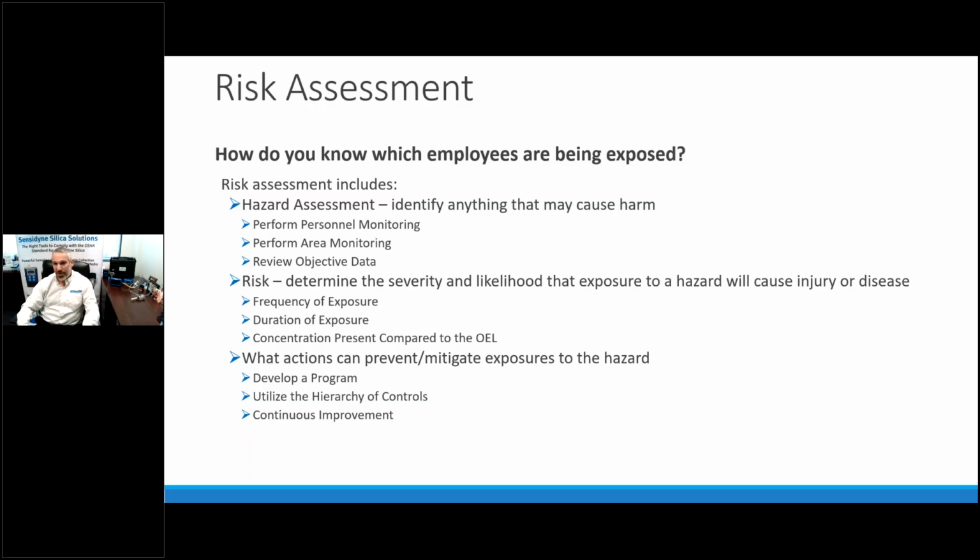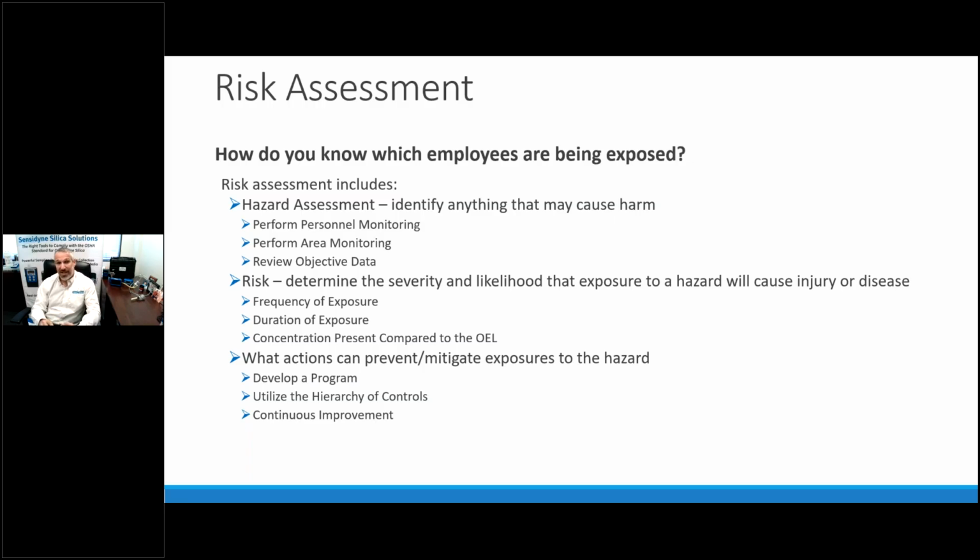So how do you know which employees are being exposed? We're going to switch gears here and move from the hazards of it to the risk assessment. It really should include a hazard assessment, identifying any and all items that may cause harm to those employees.